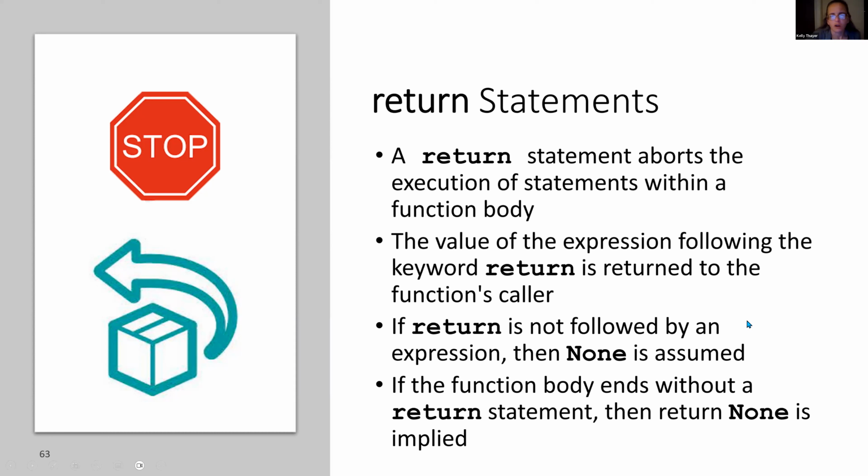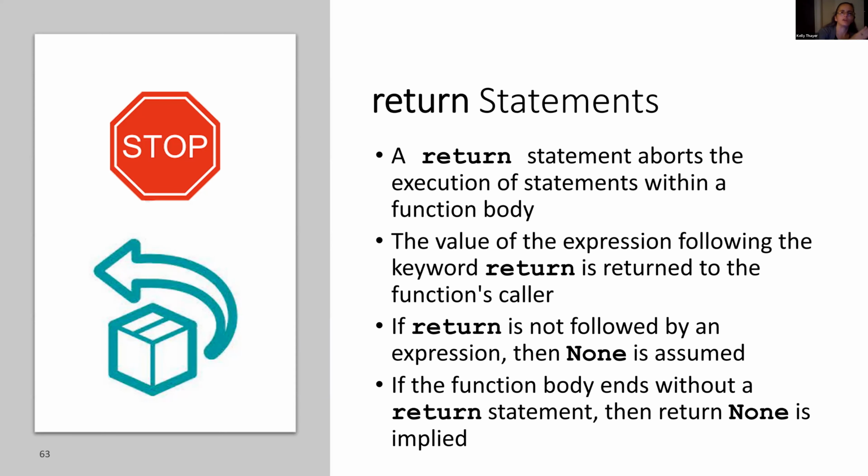If return is not followed by an expression, then None is assumed. So if you don't say after the return an expression that you want to return, it's going to assume you don't want to return anything, and so it will return None. If the function body ends without a return statement explicitly, then return None is implied. This will be determined because of the indentation of your Python code.